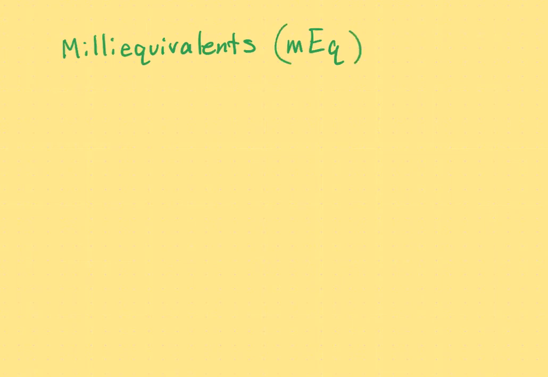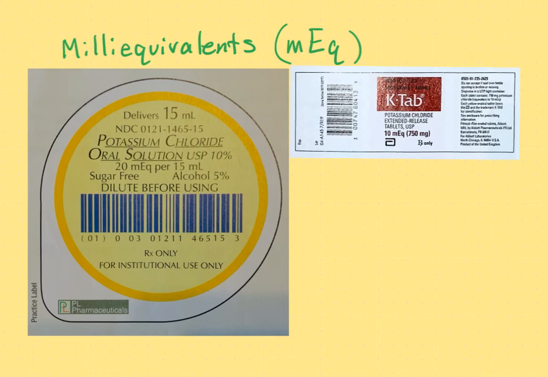So rather than expressing the strength of a liquid medication in milligrams per milliliter, sometimes the strength is indicated in milliequivalents, which indicates the amount of medication in 1 milliliter of solution. Here are a couple of examples of labels that tell you the milliequivalents. On the K-tab label, the strength is listed both as milliequivalents and as milligrams.